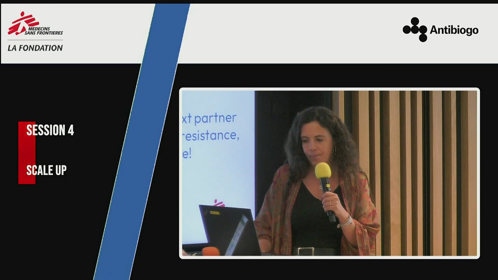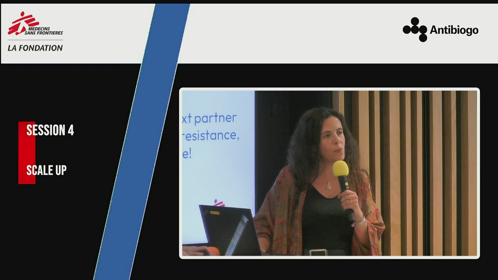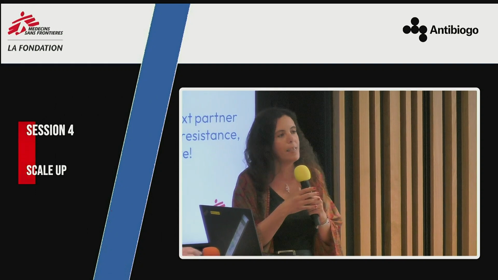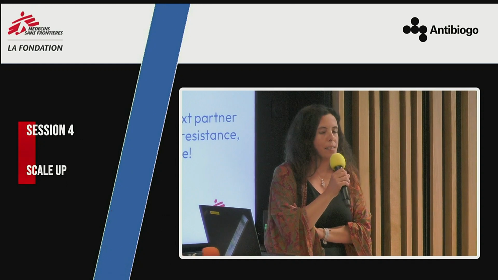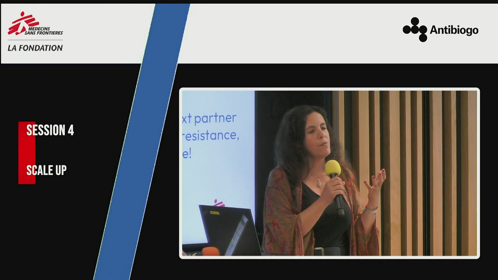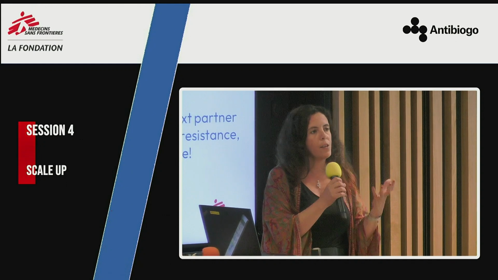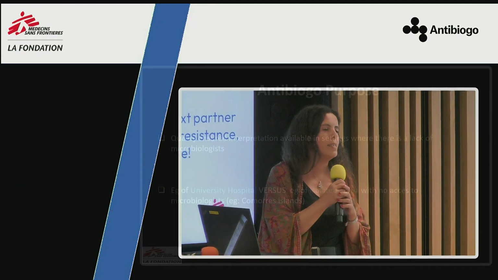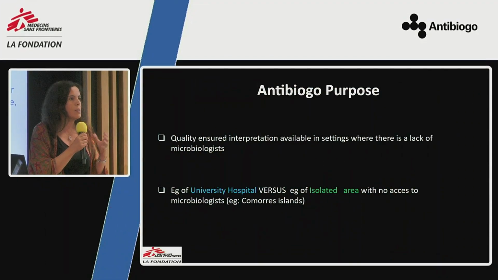Since we started the project, we did some communication about different milestones, but from the beginning, our objective was to make accurate antimicrobial susceptibility tests, and therefore quality-ensured treatment for patients, especially in areas where we don't have human resources.